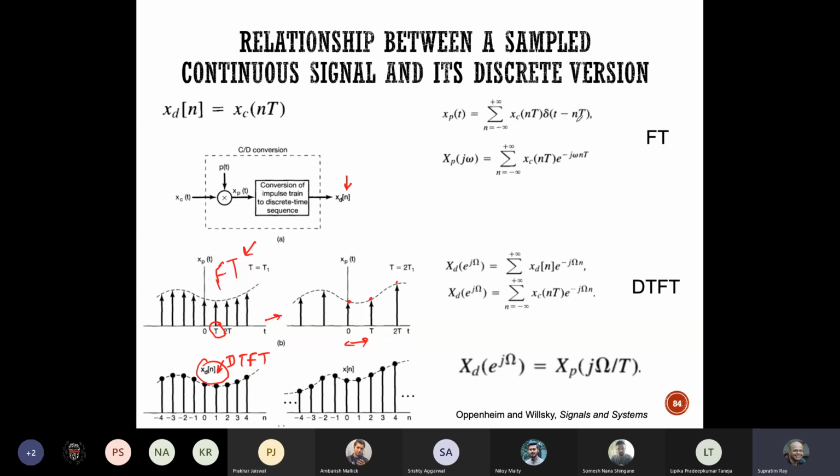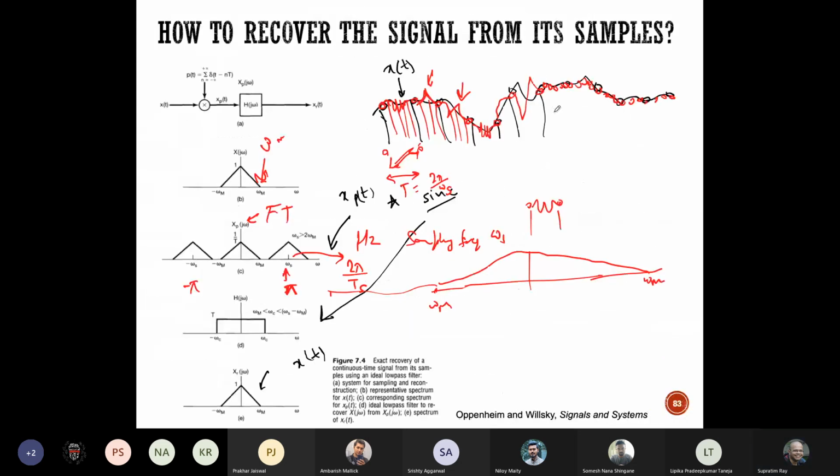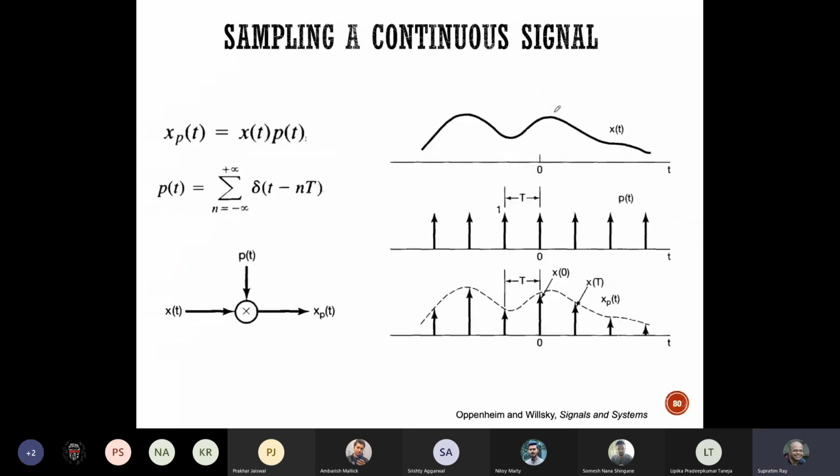So it's a delta function sitting at nT with a coefficient equal to x_c(nT), and a sum of all such delta functions. So this is my periodic signal. This is what I'm writing as x_c(nT) delta(t minus nT).